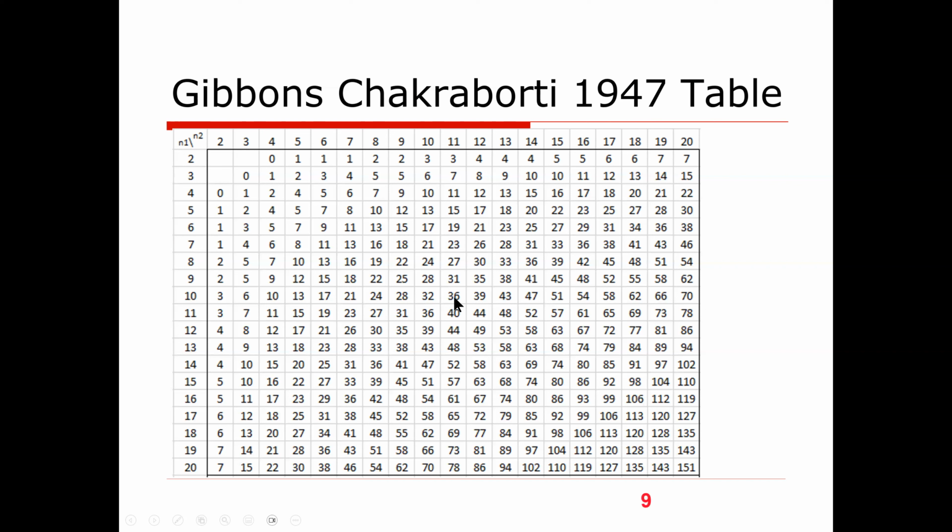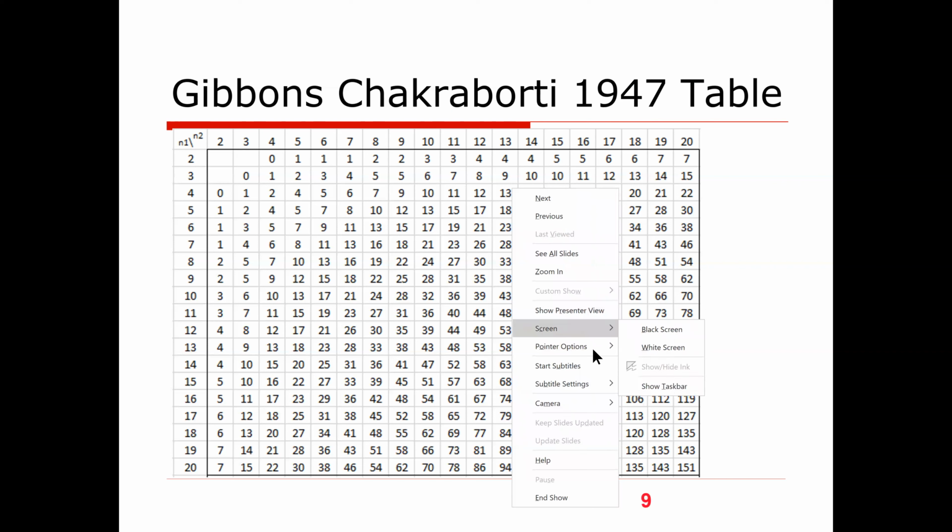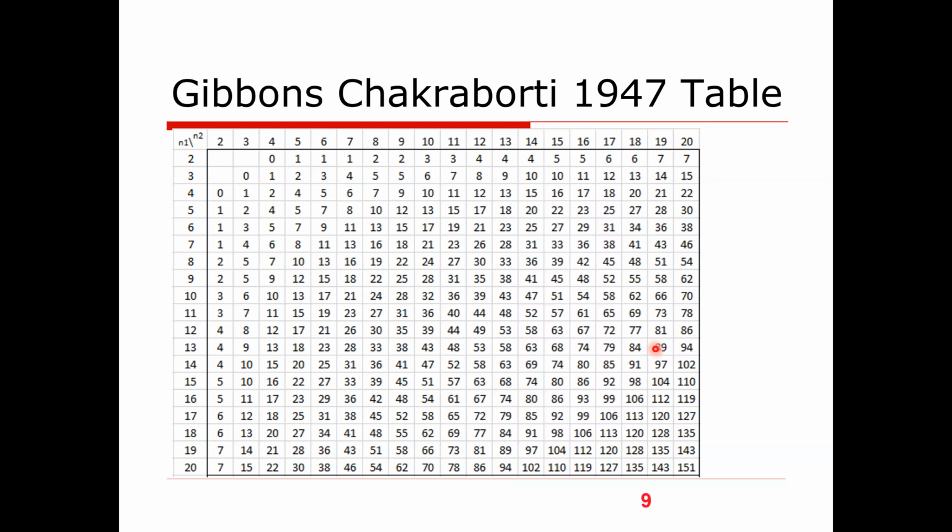So the largest difference should be 36. If SM and SN are within 36 or less difference, then we fail to reject the null. But now ours is one is 76, the other is 155, so the difference is 79, much larger than this 36 here. So we have to reject the null.